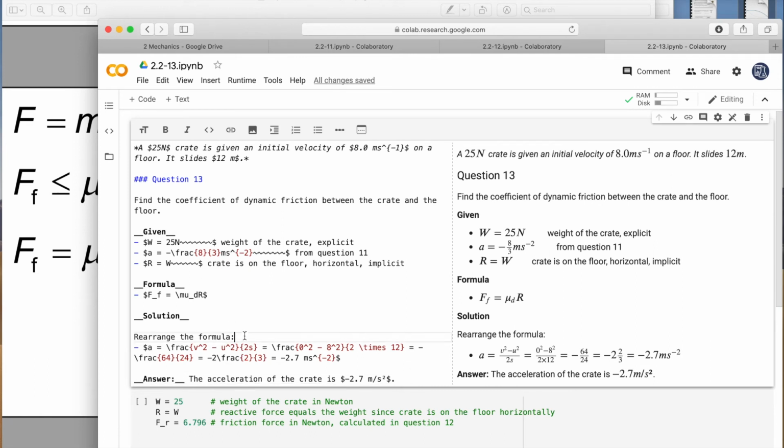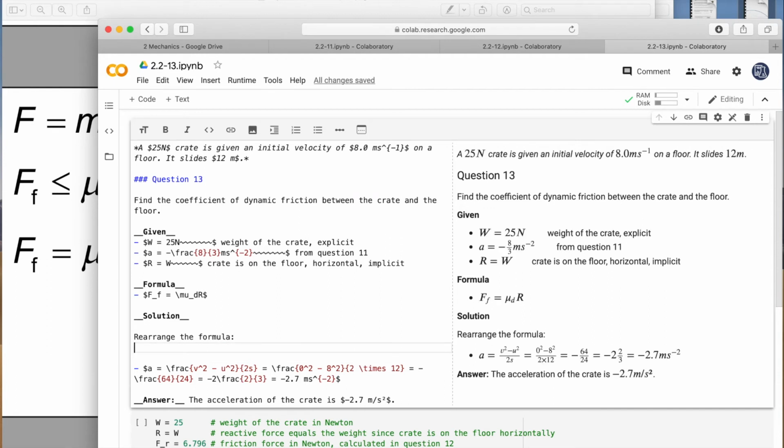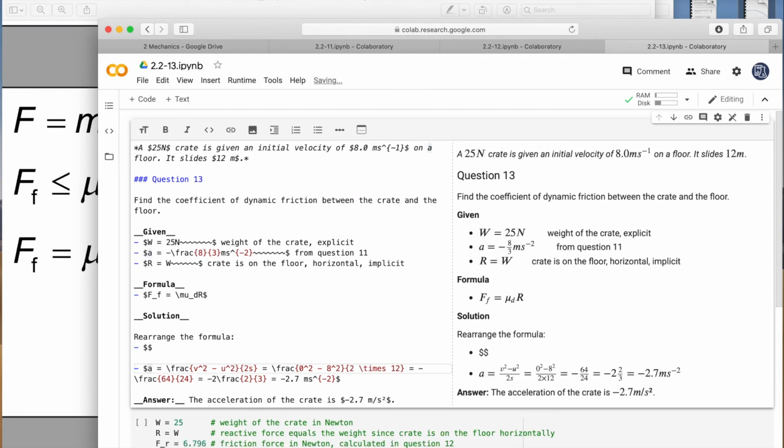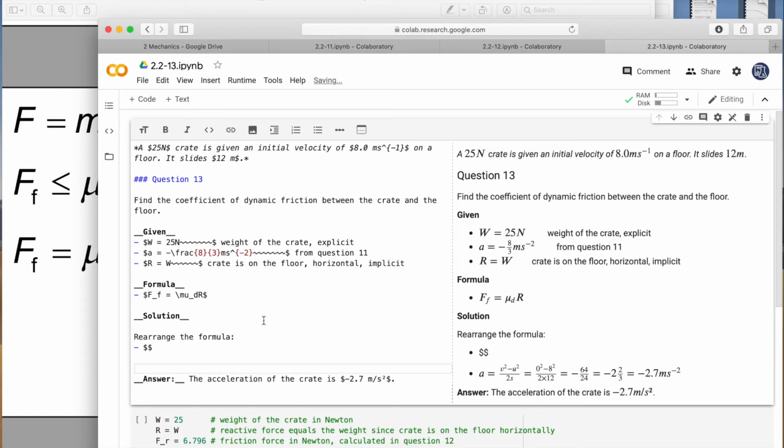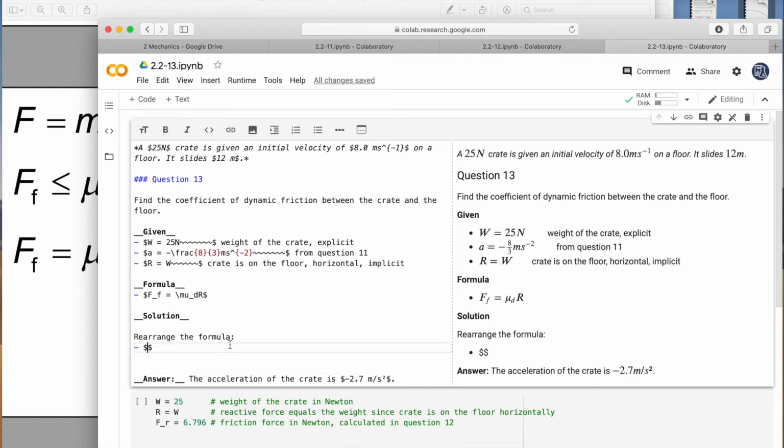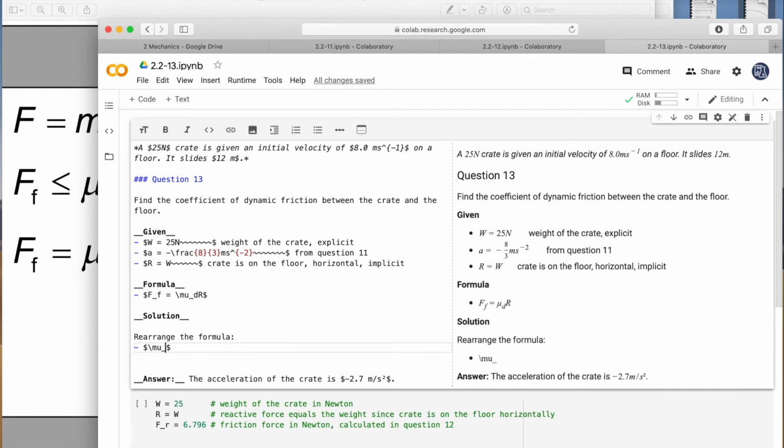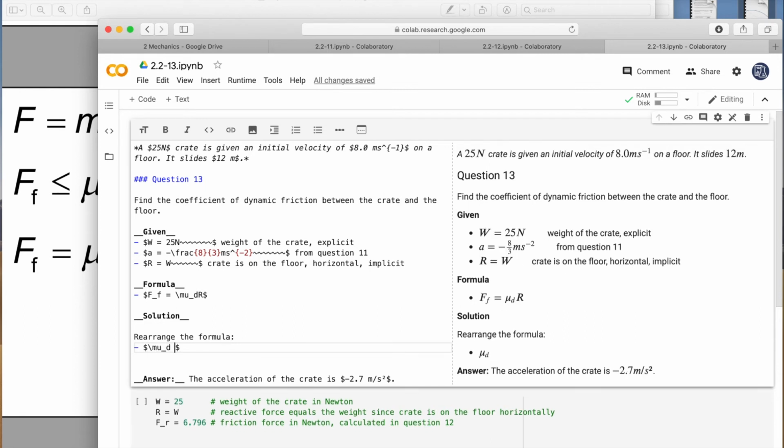Rearrange the formula. That's what you have to do again. So, we don't need these values. Mu dynamic friction equals the fraction of the friction force divided by the normal force.